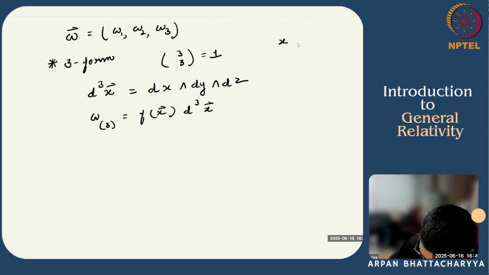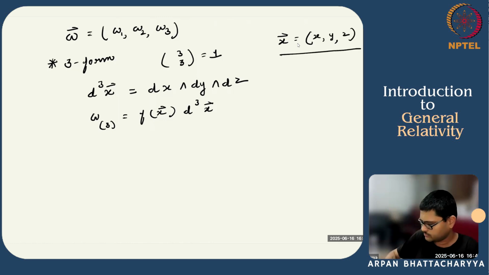Remember, x vector is nothing but x, y, z. One can easily see that the basis elements of these 1 form, 2 form, and 3 form are also respectively the line, area, and volume elements. You can check by seeing how they transform under coordinate changes. You have to find the Jacobian, and then you can verify this statement.